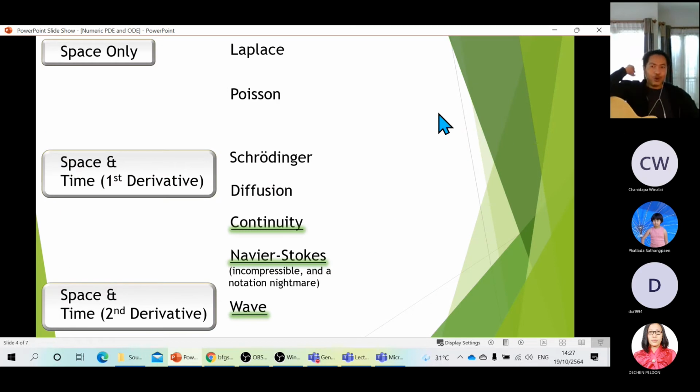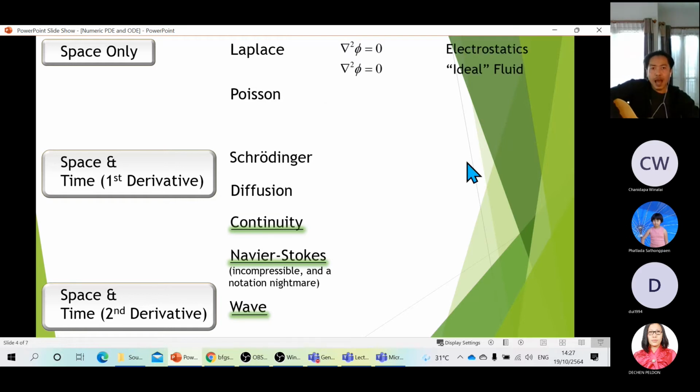so look at these equations one by one. I can split these equations into three categories depending on the variables that are involved in the equation. We have space only. It means that in this equation you only have x, y, and z, or the space, and that is the Laplace equation.